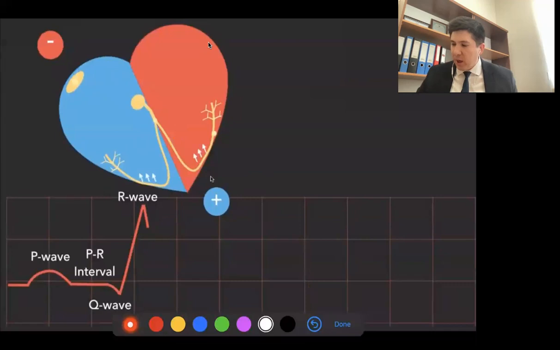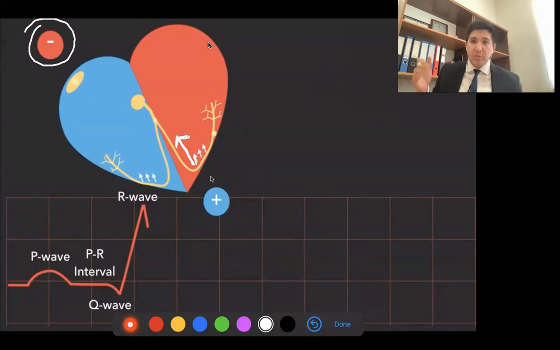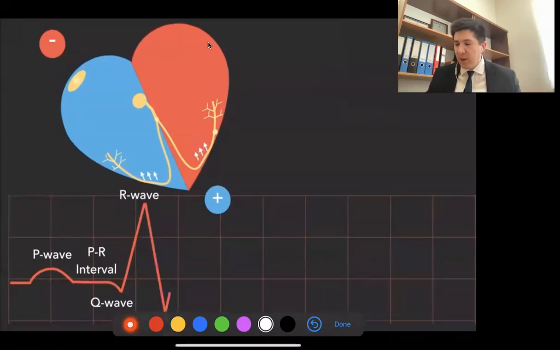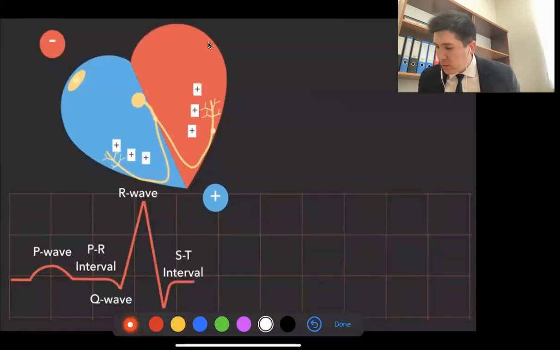And if you look at the dipole moments there, and the mean vector of the dipole, you're going to see that it's moving in the direction of the minus. So this is the reason why you're going to trace this as the curve which is negative, below the x-axis, and this is what you're going to see here.